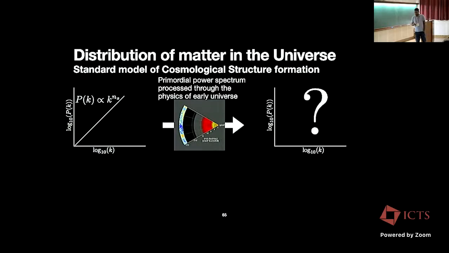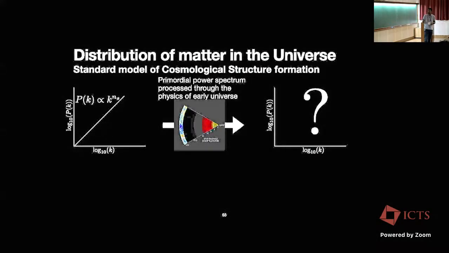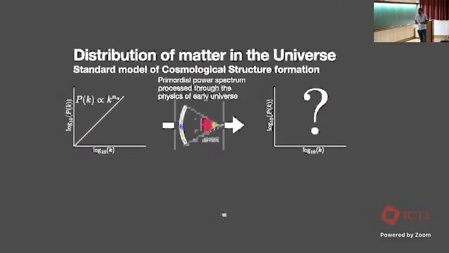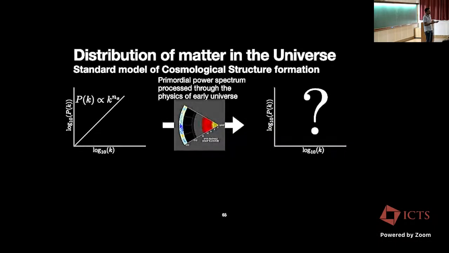Okay, so now when you start with this kind of picture of the initial power spectrum, which is more or less scale free, which means ns is close to 1, all the processing from the initial power spectrum to us is going to change its nature.